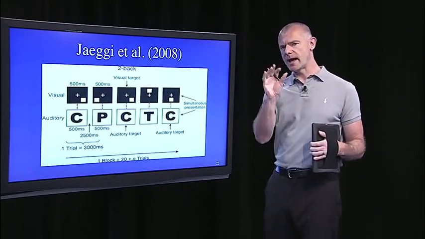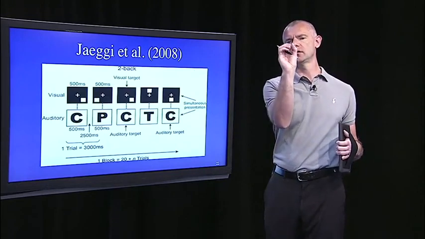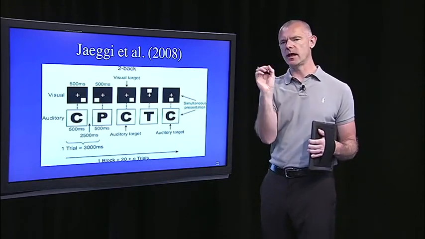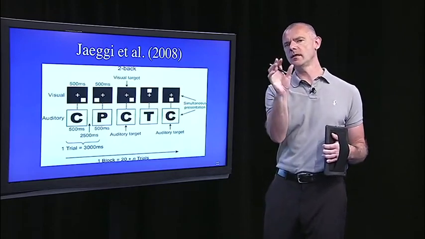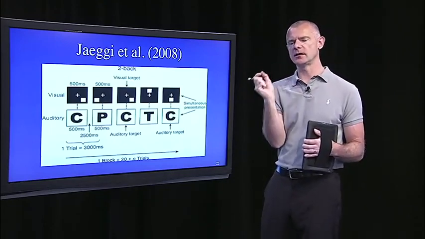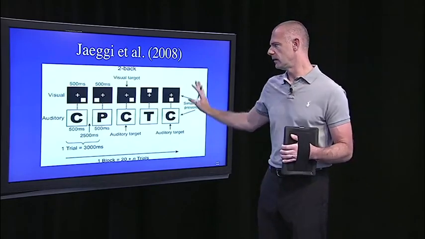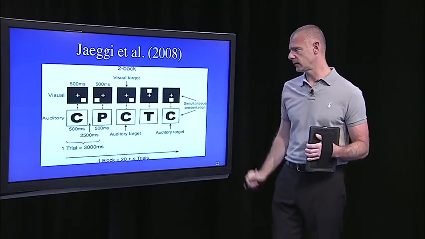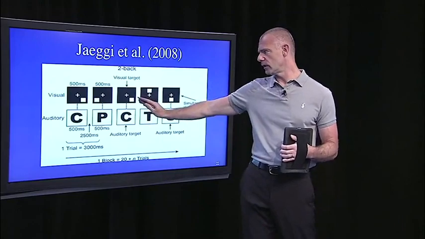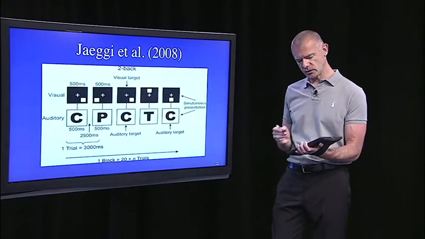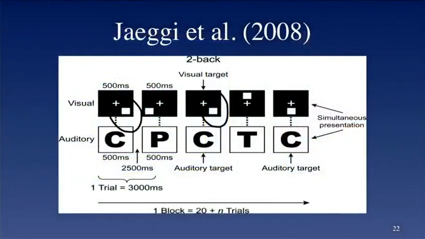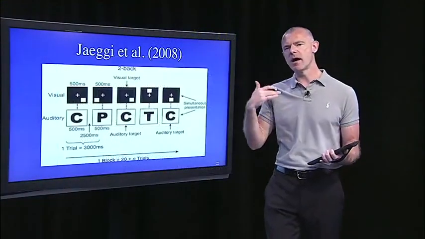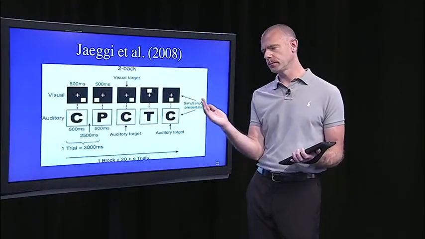So in the visual task, subjects are seeing squares pop up in different locations on the computer screen, and they have to detect when the square is in the same location as it was N-back. In this case, I'm depicting a 2-back task. So here you see a visual target because it matches this location, matches the one 2-back in the stream. They also had to monitor an auditory stream.